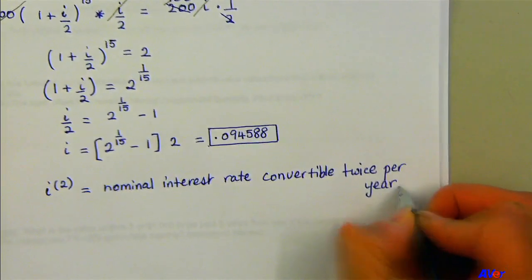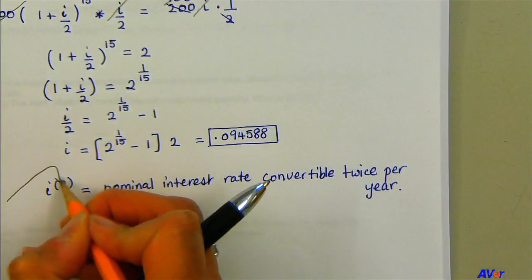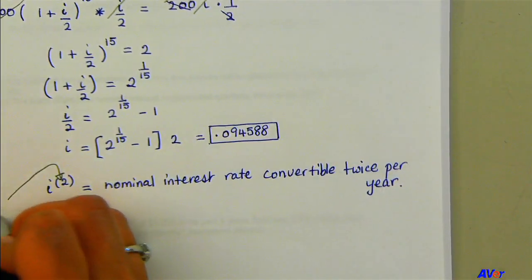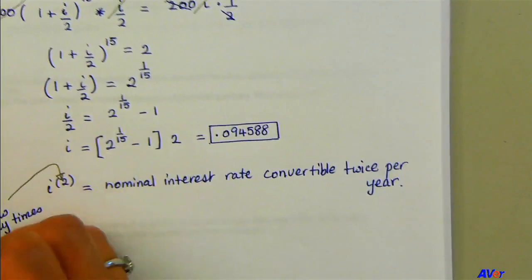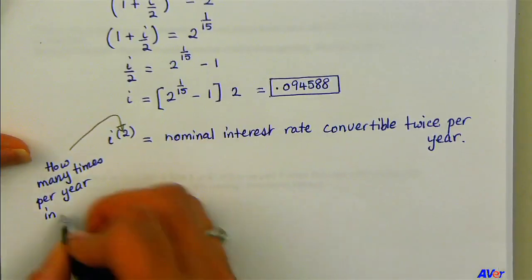So this superscript tells you how many times per year interest is convertible.